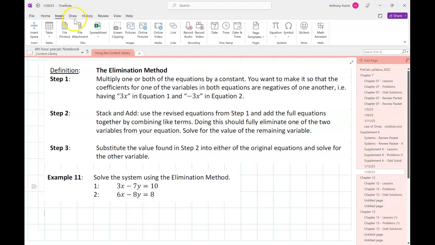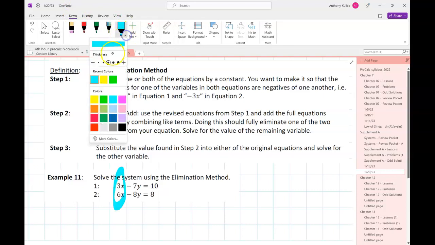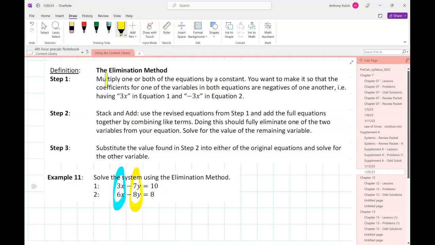So what I'm looking for is, if I look at the x's and look at the y's and I look at their coefficients, which one is going to be easier to make the coefficients opposites? 3 and 6 or 7 and 8? 3 and 6. I agree.